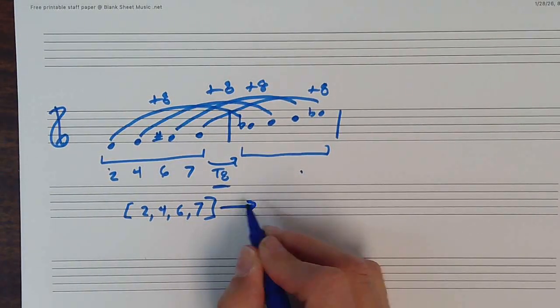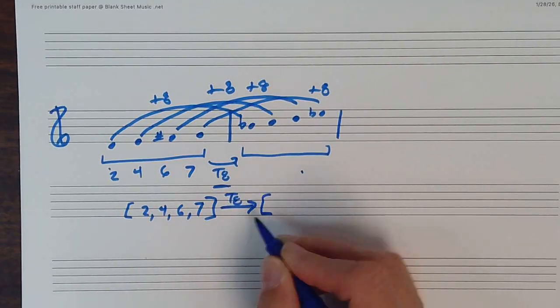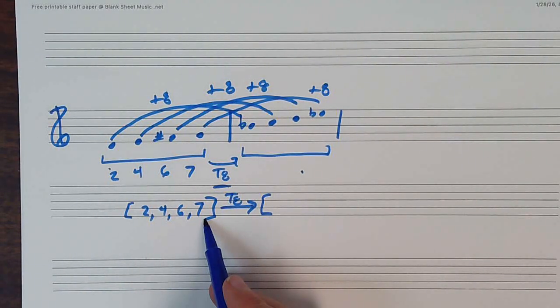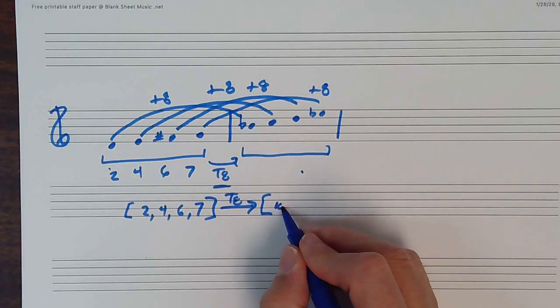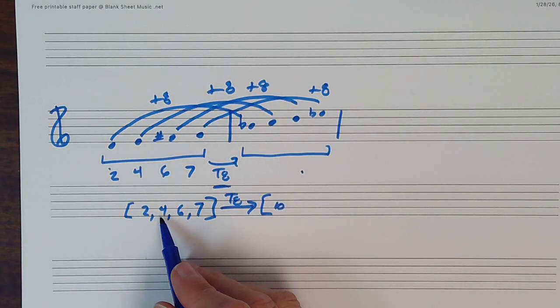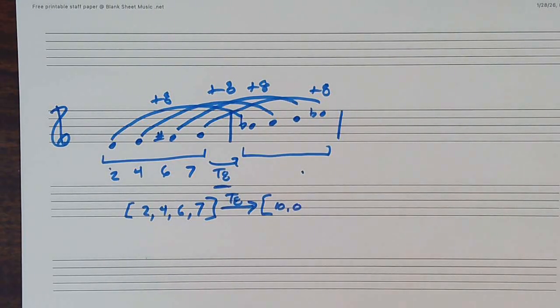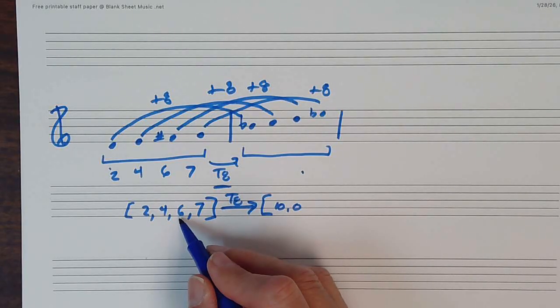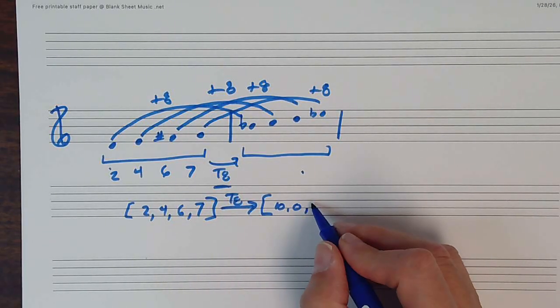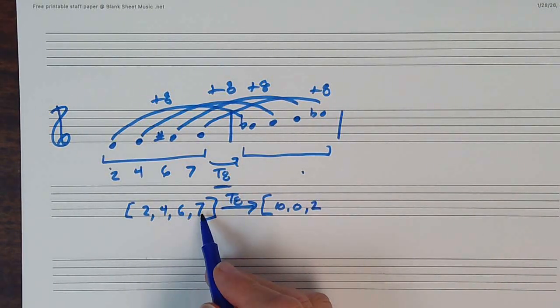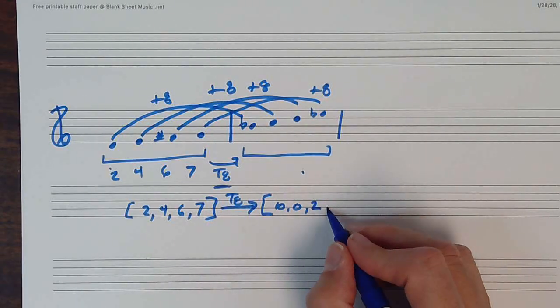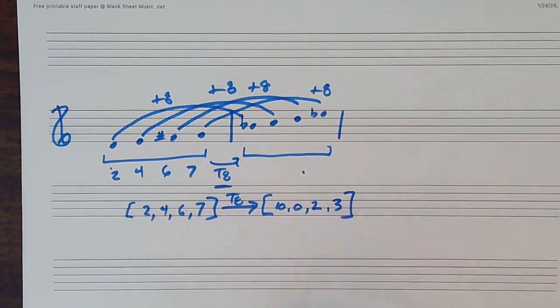And if we want to do this as T8, we just add 8 to each of these numbers. So 2 plus 8 is 10. 4 plus 8 is 12, which is 0, mod 12. 6 plus 8 is 14, which is 2. And 7 plus 8 is 15, which is 3.